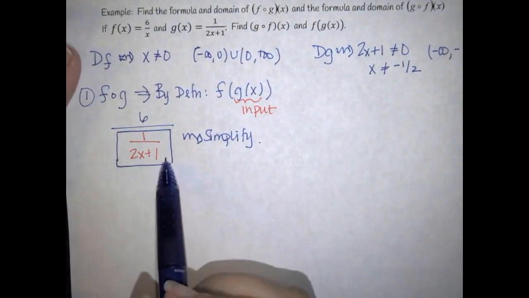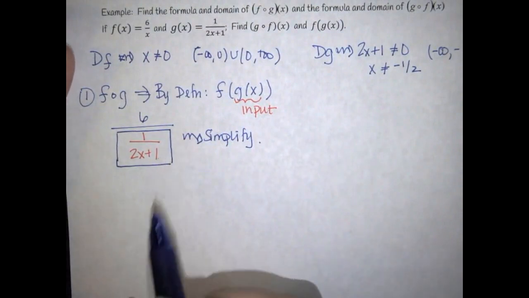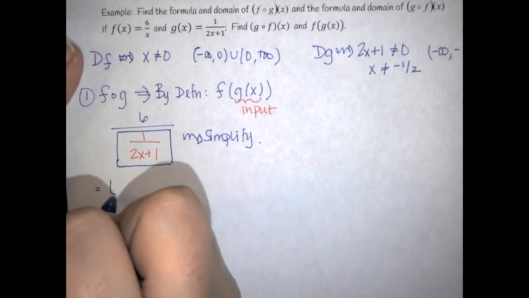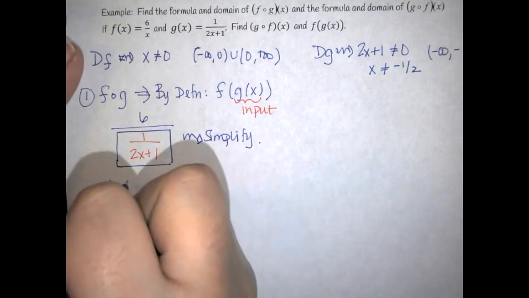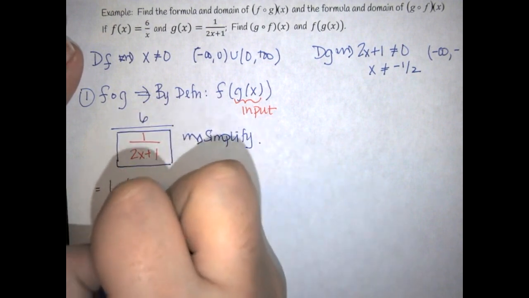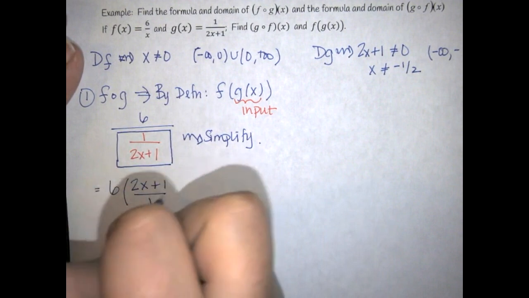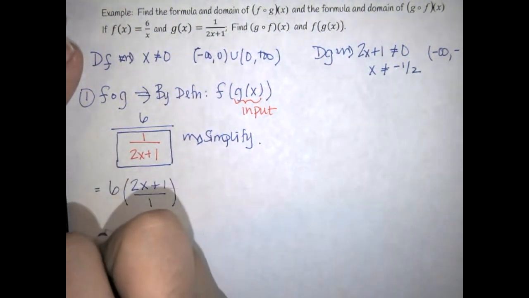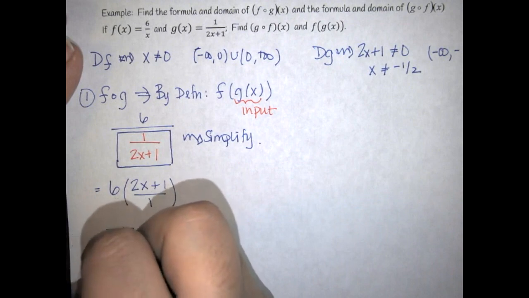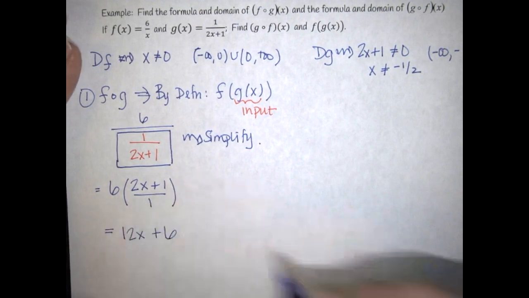So simplify here says keep the top, and I'm going to multiply it by the reciprocal of the bottom, which is going to be 2x plus 1 over 1. So in turn, this is going to become 12x plus 6.